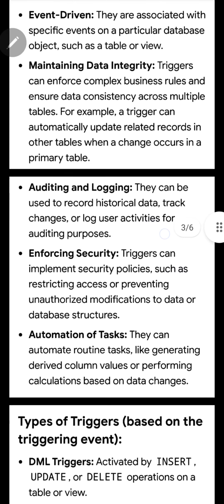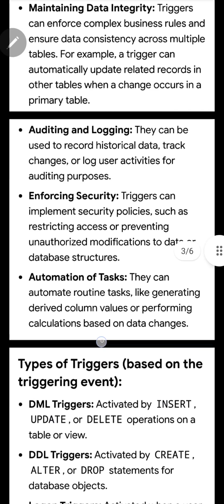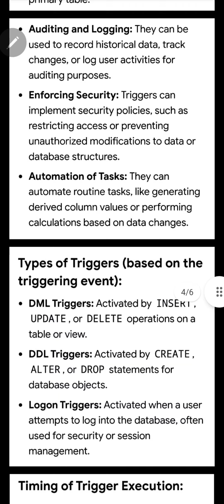Then we have auditing and logging. So the triggers can be used to record historical data, they can track the changes, etc. Then they enforce security, they implement the policies, like the users who are allowed to access the data will be given access according to their privileges. Then automation of tasks.